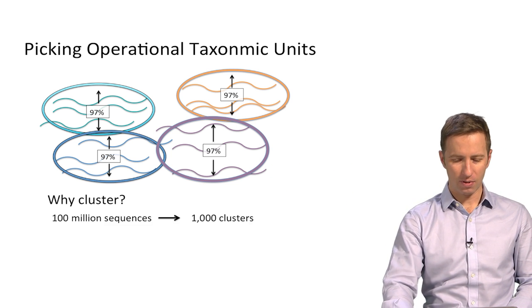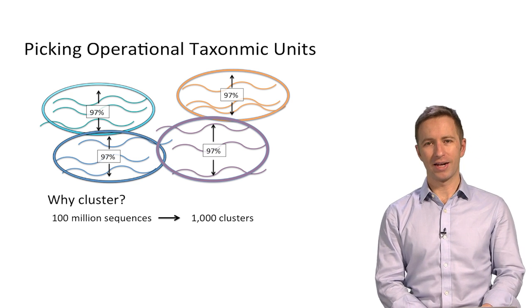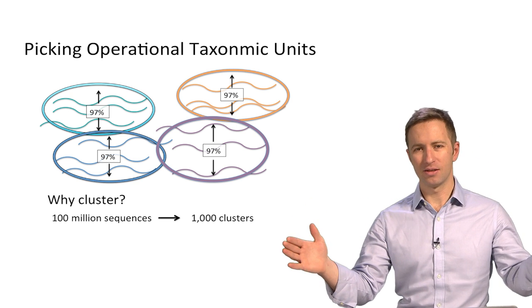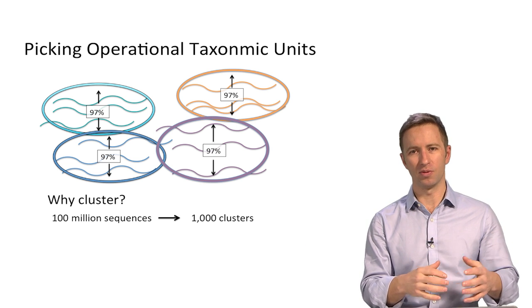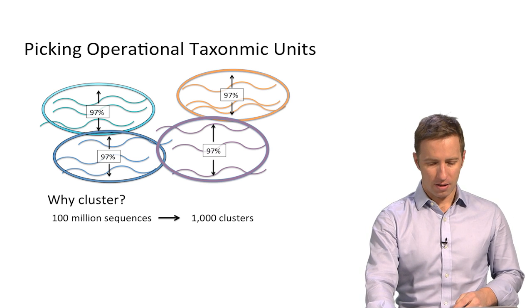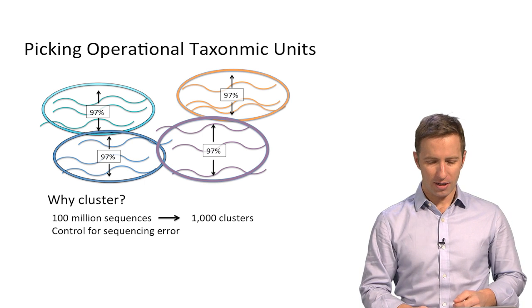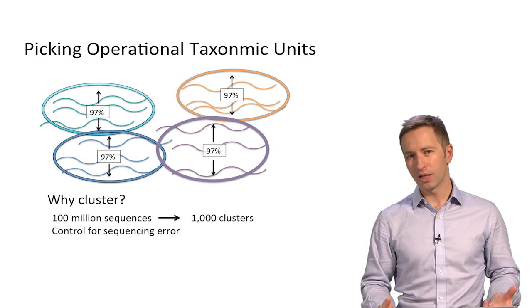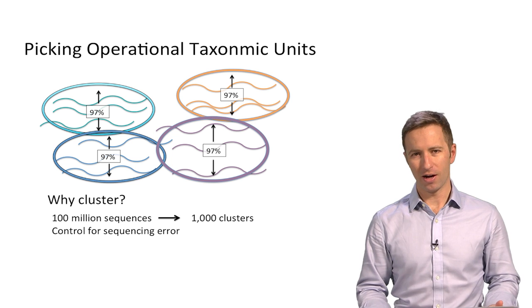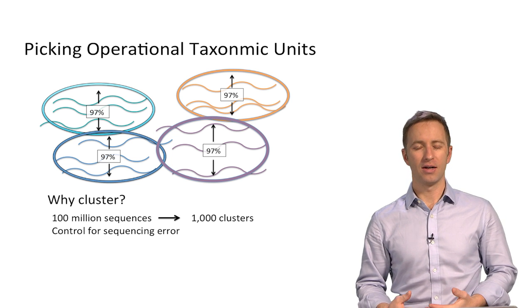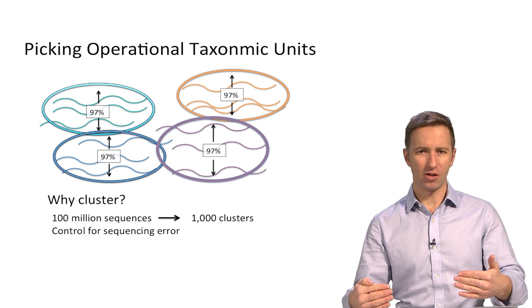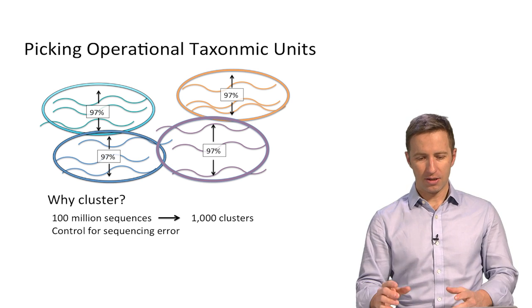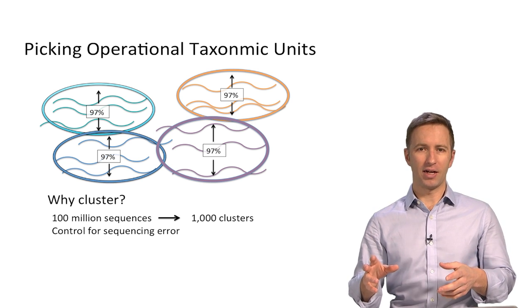So why are we doing this? Well, for one thing, it helps us go from the millions or hundreds of millions of input sequences down to a small number of usable features. The reason we can do that is because we're controlling for various types of error, so sequencing error, and error that came from the amplification steps, PCR error. And those aren't real biological errors.